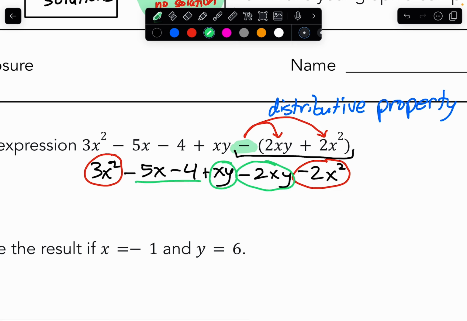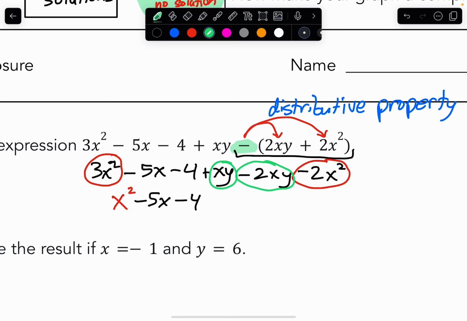Nothing else are considered like terms. So I'm going to combine the ones that I have in red. 3x squared minus 2x squared is like saying 3 bananas minus 2 bananas. If I combine those bananas, I will get only 1 banana. These two terms stay the same.